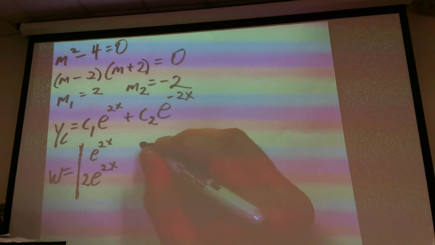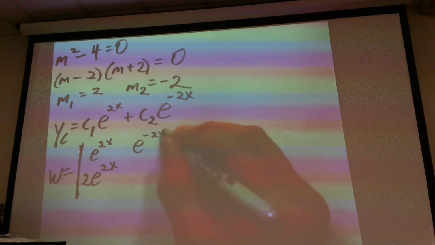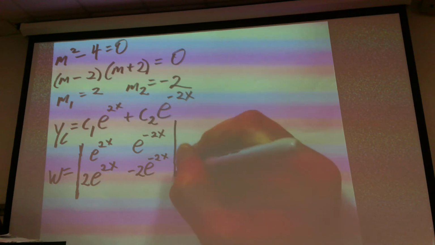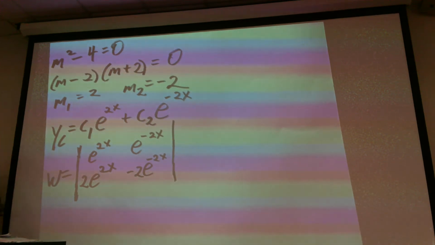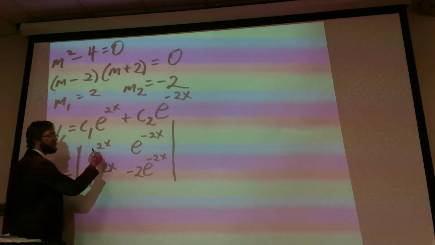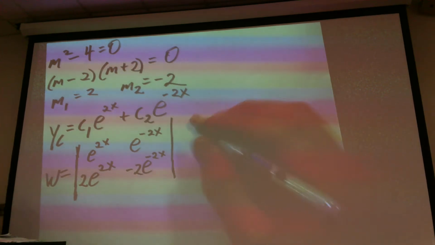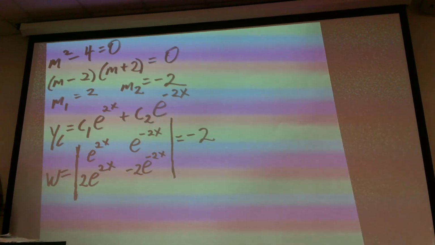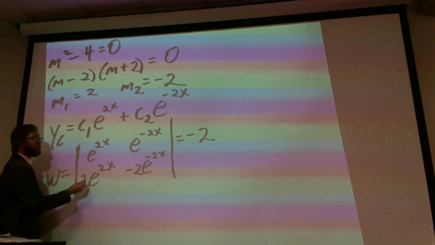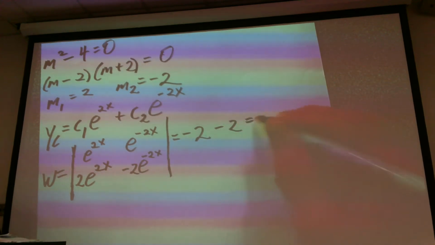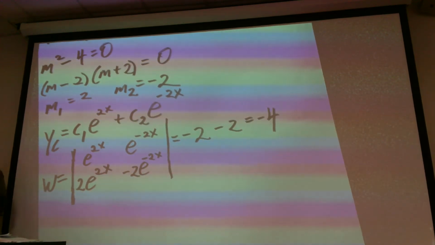This would be e to the minus 2x, and then negative 2 e to the minus 2x. Okay, so we're taking the determinant of this thing. If I multiply these, the 2x and the negative 2x cancel each other out, so that just becomes negative 2. Then I'm subtracting this one, but e to the 2x and e to the negative 2x will cancel each other out, so I'm just subtracting 2 again, which is going to be negative 4.